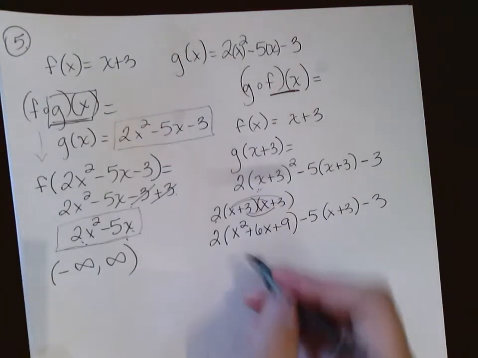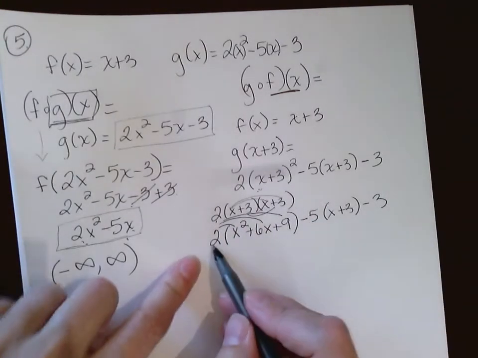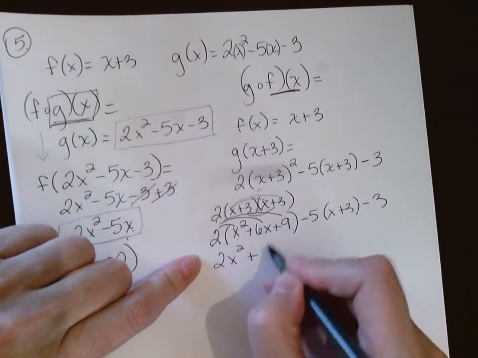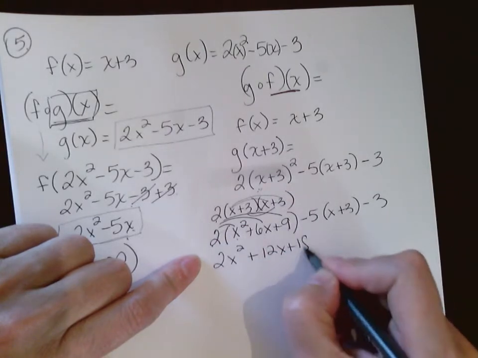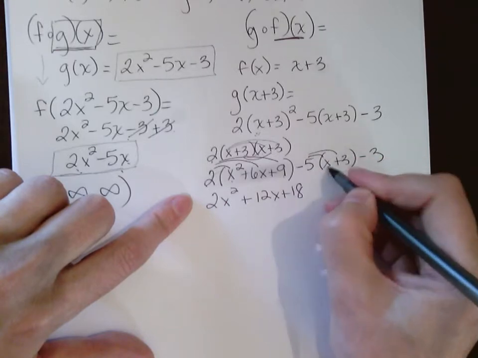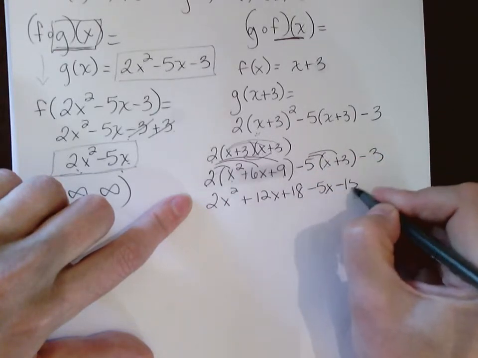Now, let's remove these parentheses, first of all, by distributing this 2. So here I have 2x squared plus 2 times 6x is 12x plus 2 times 9 is 18. Distribute the negative 5 to get negative 5x. Negative 5 times 3 is negative 15.